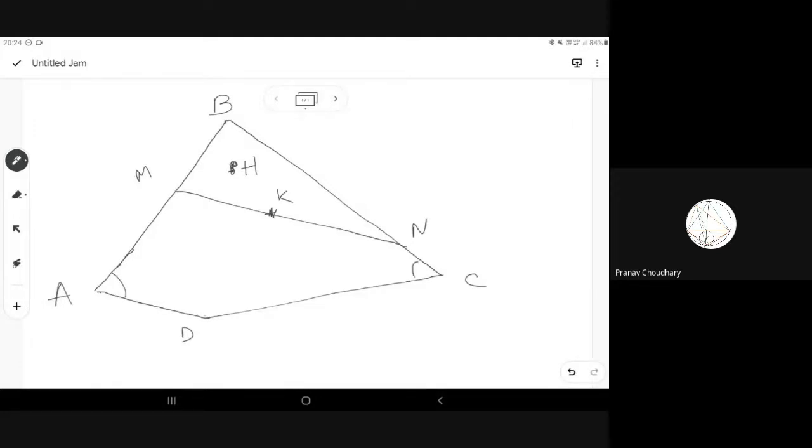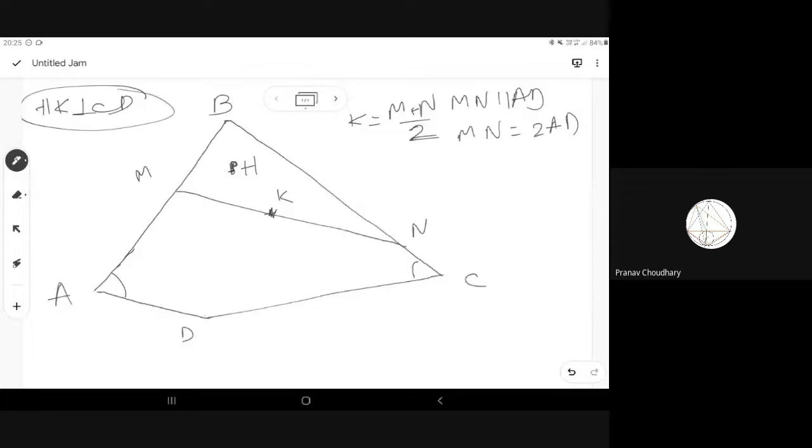Now M and N are points on AB and BC such that MN is parallel to AD and MN is equal to 2AD. K is the middle point of MN, right? And H is the orthocenter of ABC. You are asked to prove HK parallel CD. This is what you need to prove.